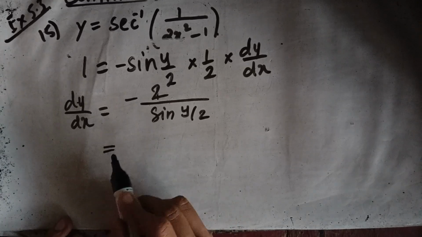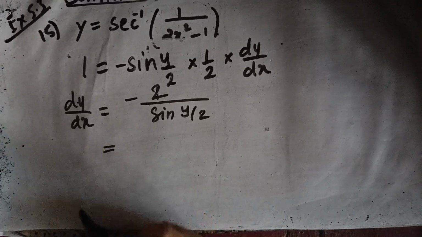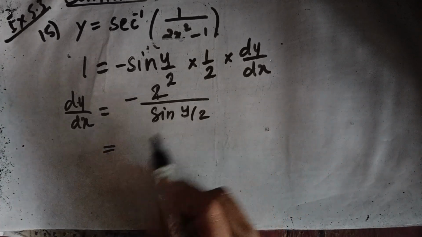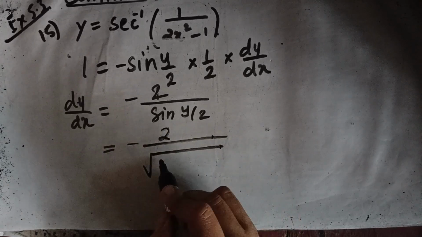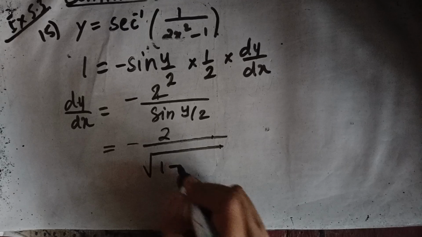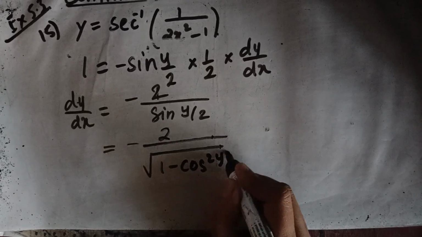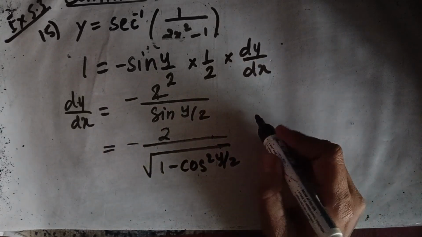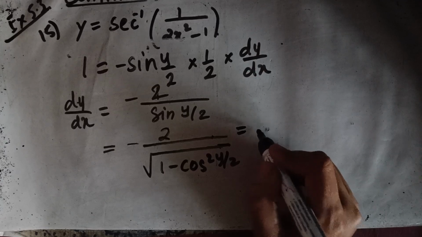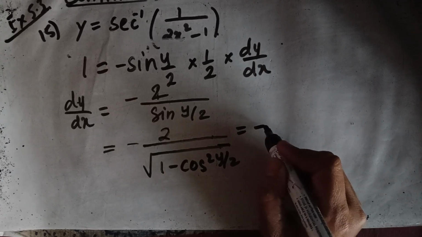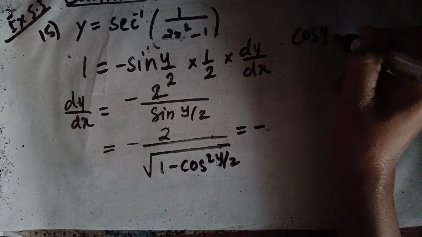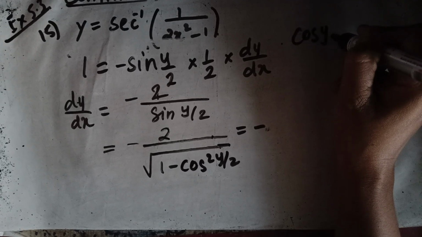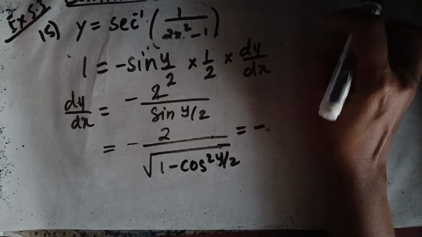Okay. Now again I have to write everything in terms of x. So sin y by 2 you can write it as root of 1 minus cos square y by 2. Okay. So this is nothing but minus cos y, what we have got, x equal to cos y by 2, right?